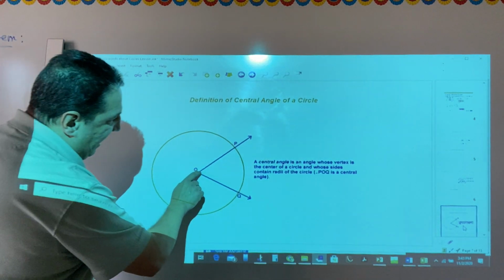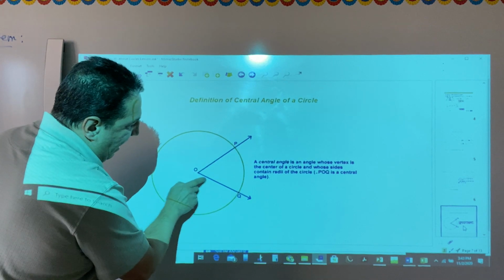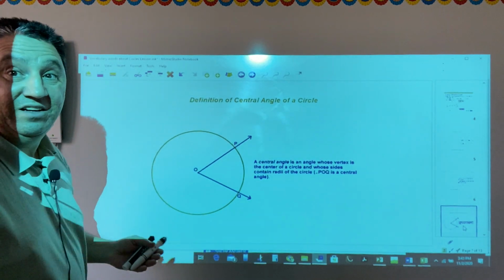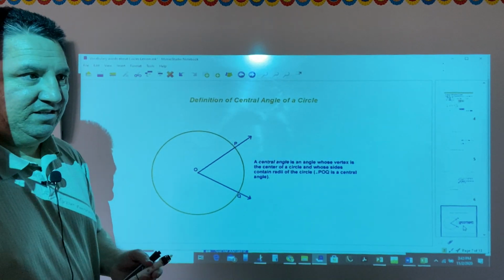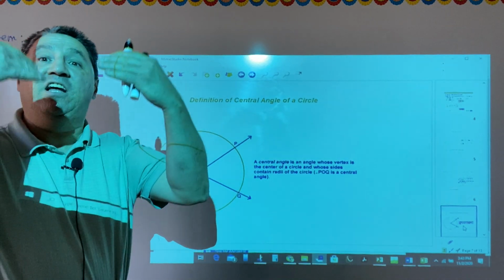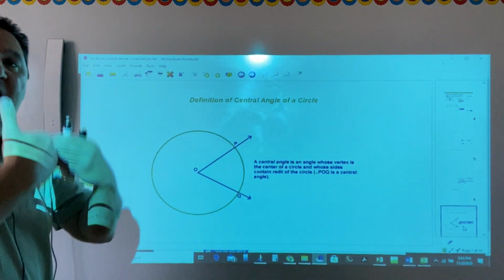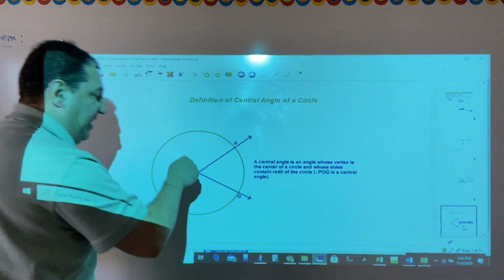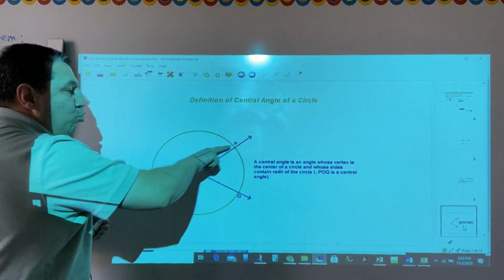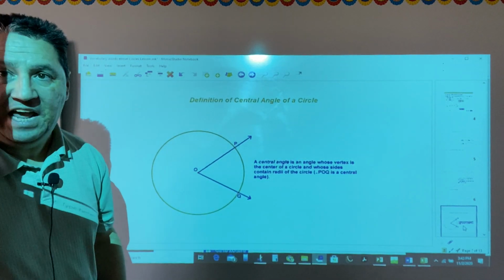As we can see, OP and OQ are radii. So, in other words, a central angle of a circle is an angle whose vertex is in the center of the circle and whose sides are radii.